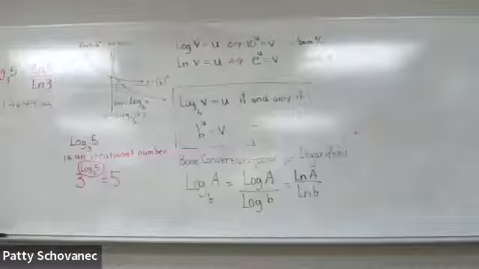Clear. 3 raised to the 1.4649, blah, blah, blah. Sure enough, I get 5, right? If you keep all your decimals, that'll get you to 5.